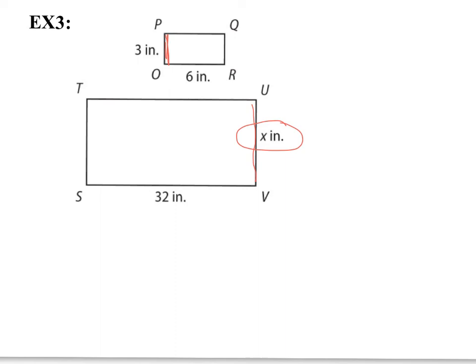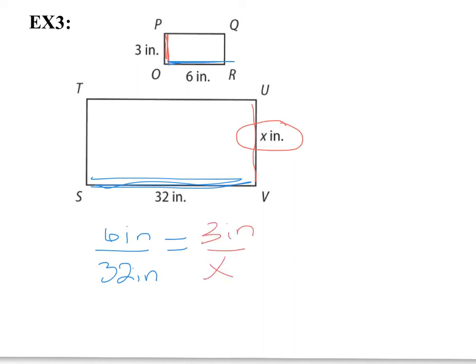But we are given the ratio of O to R and S to V. And since they are given to us, we are going to write the 6 inches over 32 inches since they share that similar length and create the ratio. Then our other side length, we're going to have 3 inches over x. And that's what we're trying to evaluate.